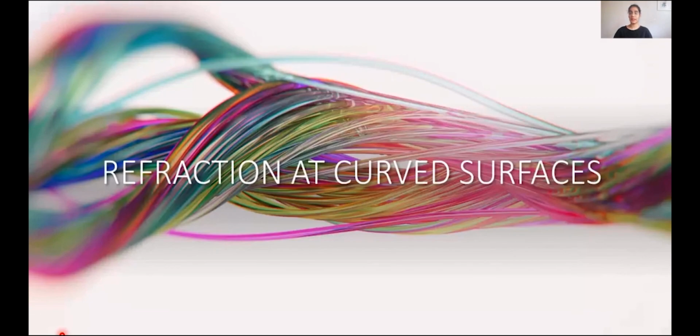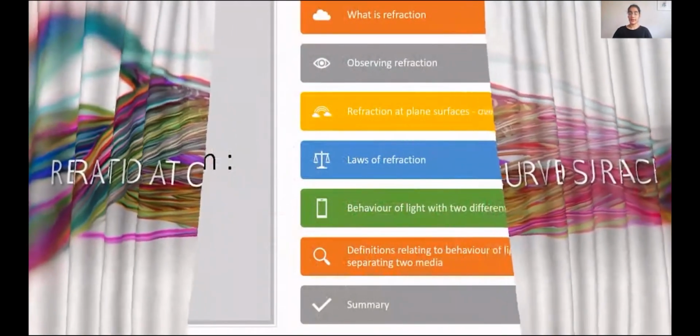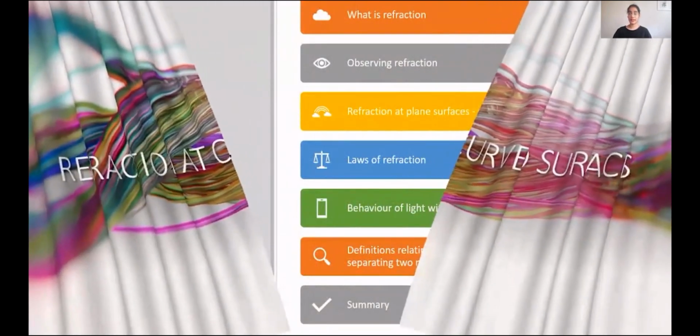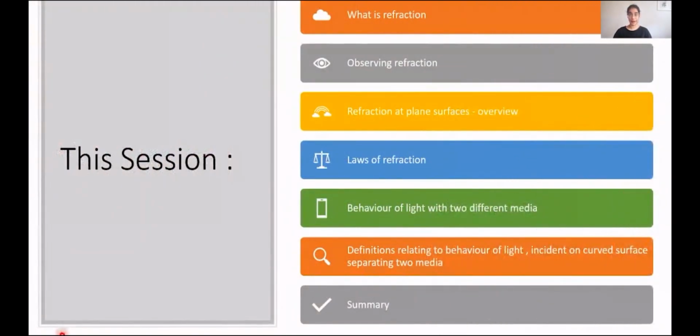So let's begin by discussing what we will be doing in this session. First, we will discuss what refraction is. I will remind you a little about the basic definitions you have studied about refraction. Then we will observe refraction in our daily life through a very simple experiment.